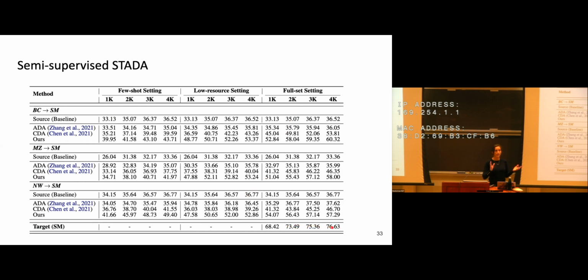If we have enough data in our target domain, or if we use all the data available in the target domain, then this is how we can do. You can look at the numbers, but what's more important is the trend that we see here, that in the row for our approach, we're outperforming our previous work in other previous papers. And we're definitely doing better than the baseline system. Even in the few-shot setting, we do better.